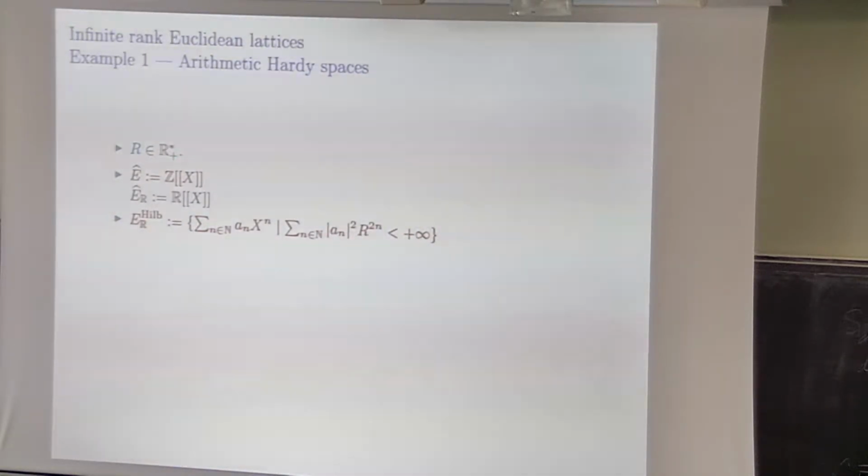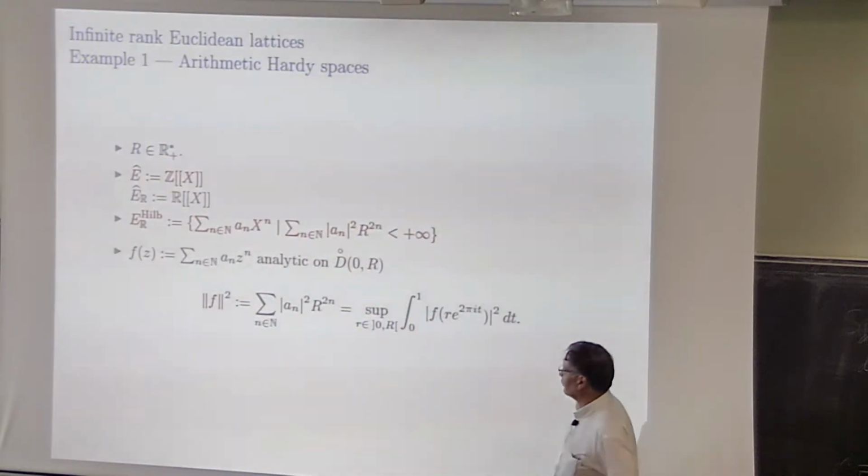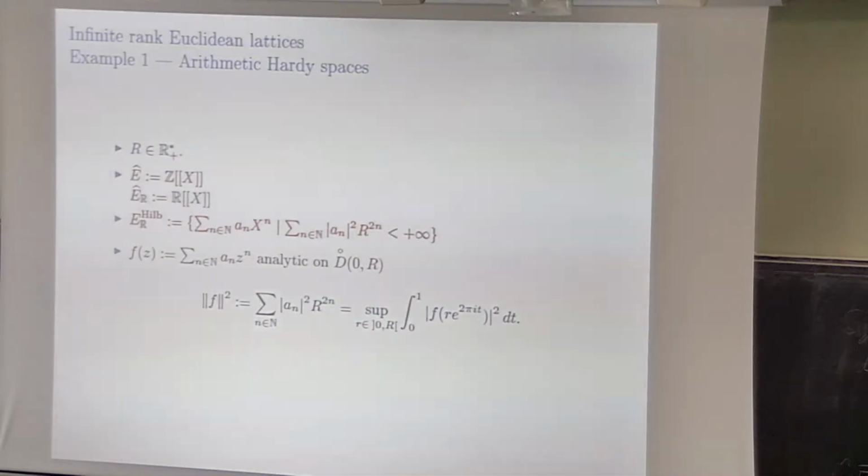Okay. For instance, I can consider this condition: the sum of the squares of the moduli of a_n R^n is convergent. And of course, this condition exactly means that the series, the sum of a_n z^n, is analytic in the open disk of radius R, and also it belongs to some Hardy space.